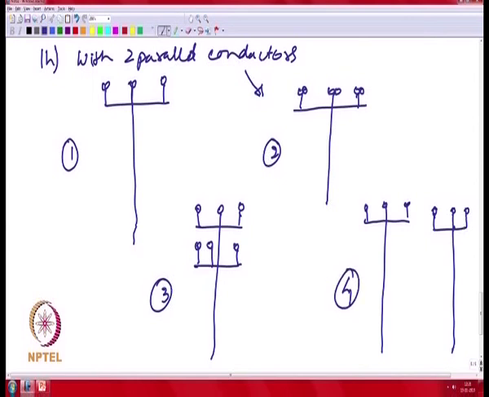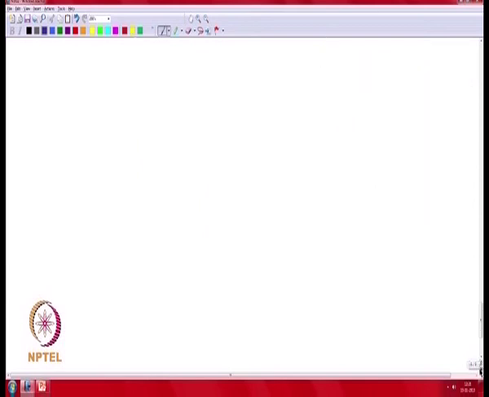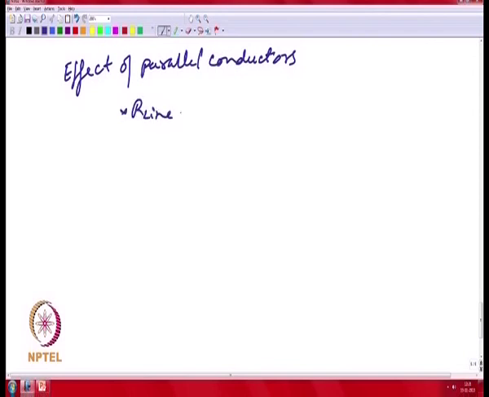If you look at the effect of this, you will see that your R line is halved because you now have twice the effective cross sectional area.